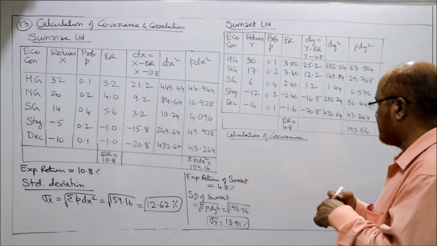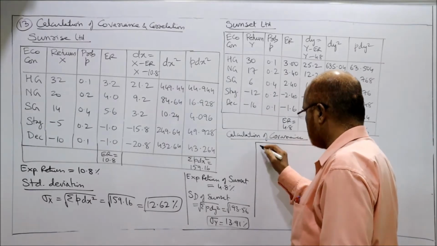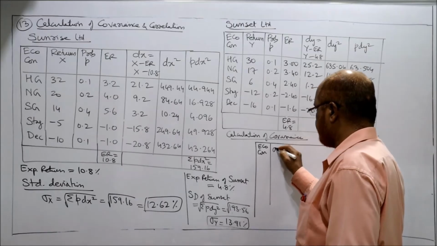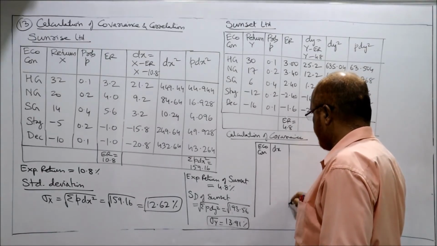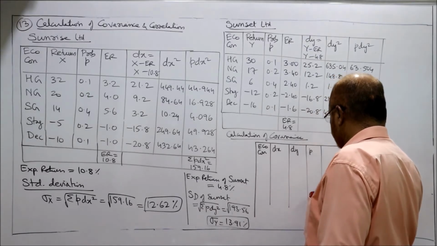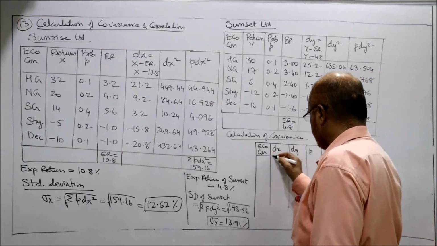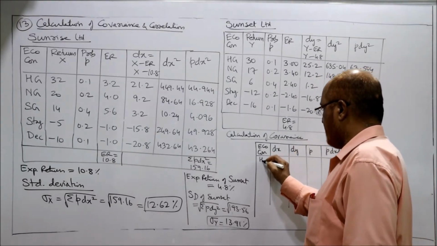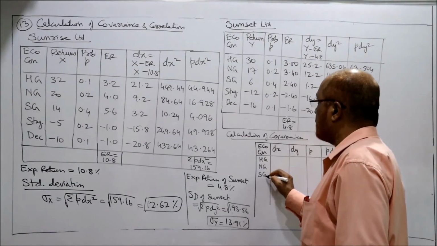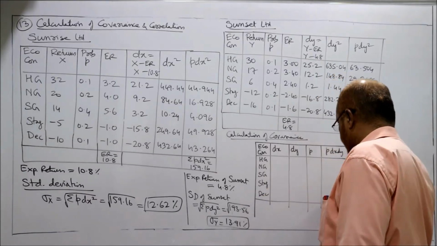Calculation of covariance: economic conditions, dx, dy, probability, P into dx into dy. High growth, normal growth, slow growth, stagnation, decline.